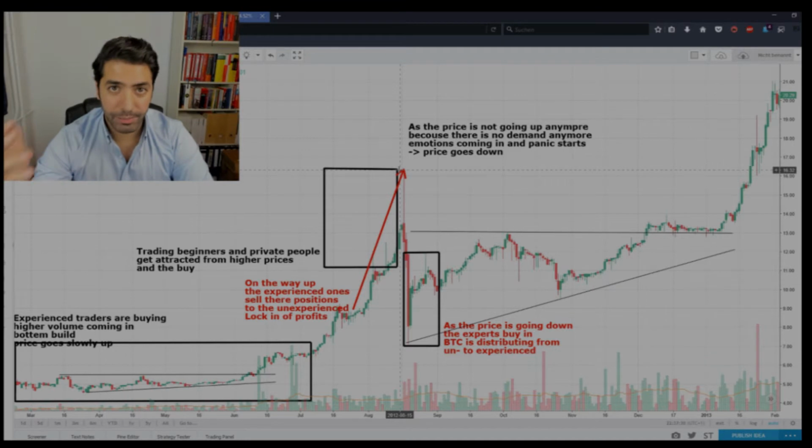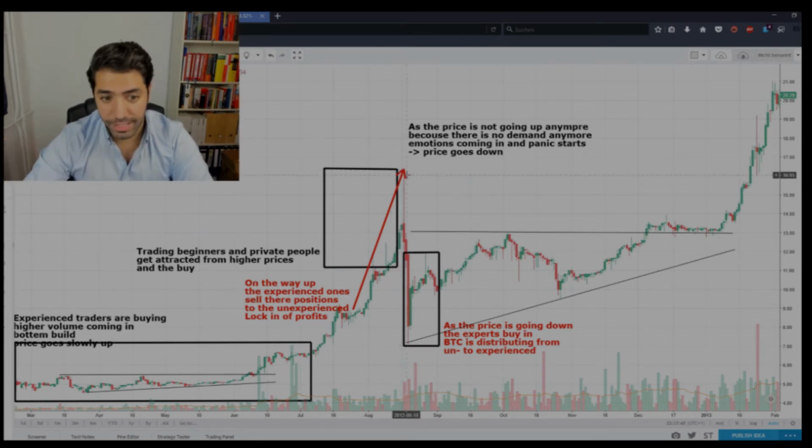What happens? As we spoke about, the price is driven by supply and demand. As there is no demand anymore and you can't sell your positions to somebody, what happens automatically is that the price goes down because there are no buyers anymore. And this is what happens here in this area.